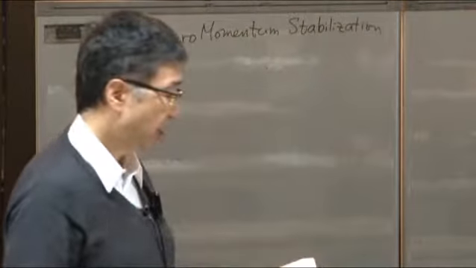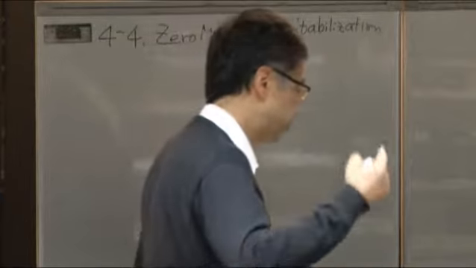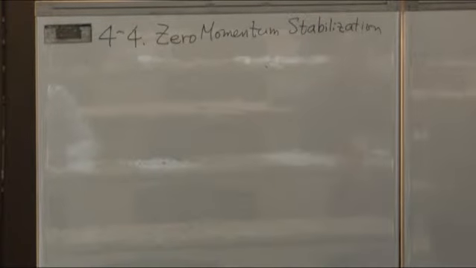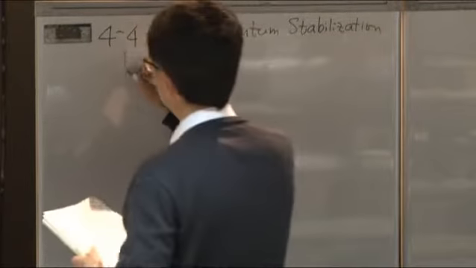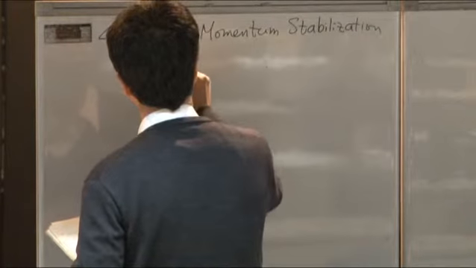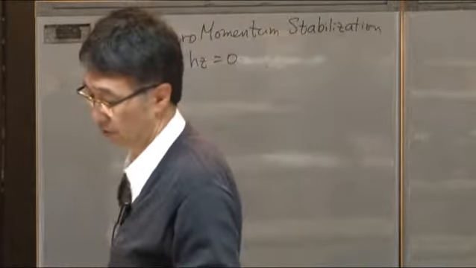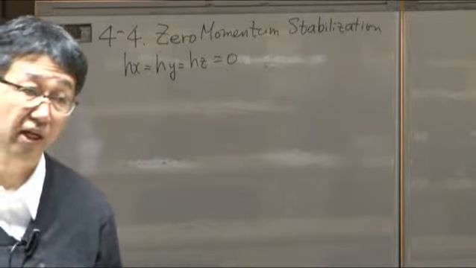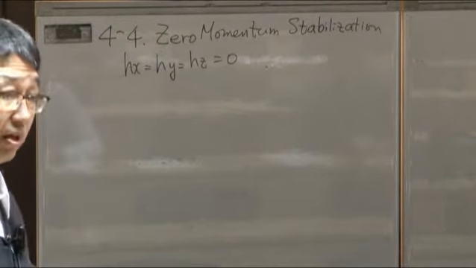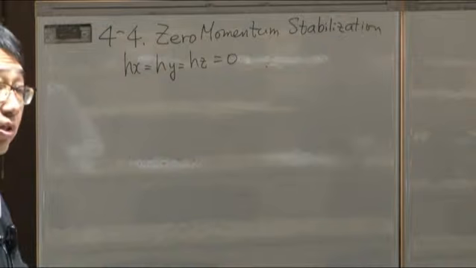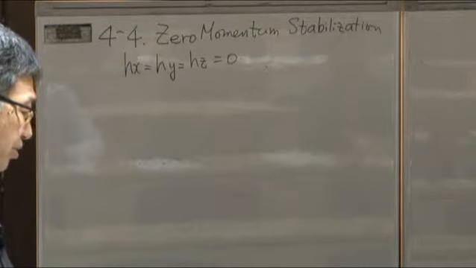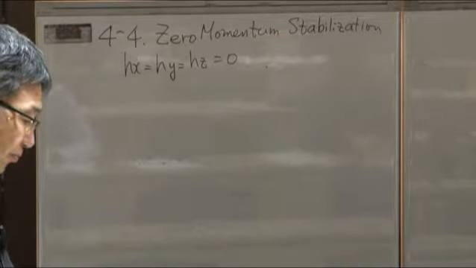Okay, so from the previous discussion about the bias momentum system, we can make hx, hy, hz equal 0. That is, the internal angular momentum is 0. Then we can obtain the equation for the zero momentum stabilization.